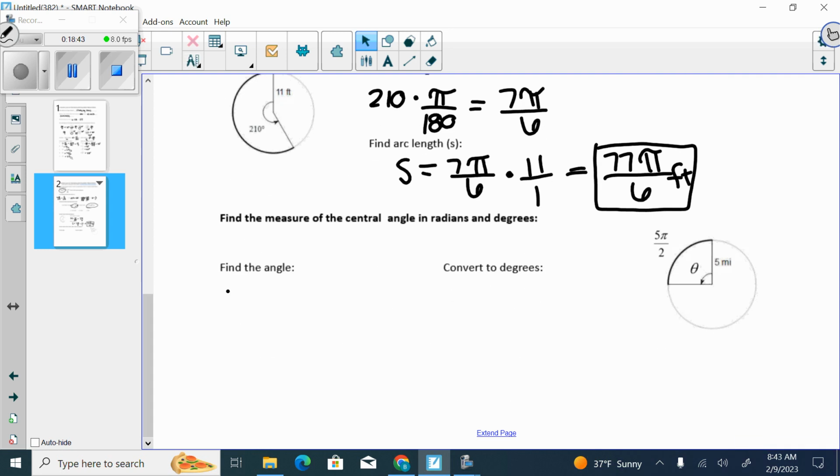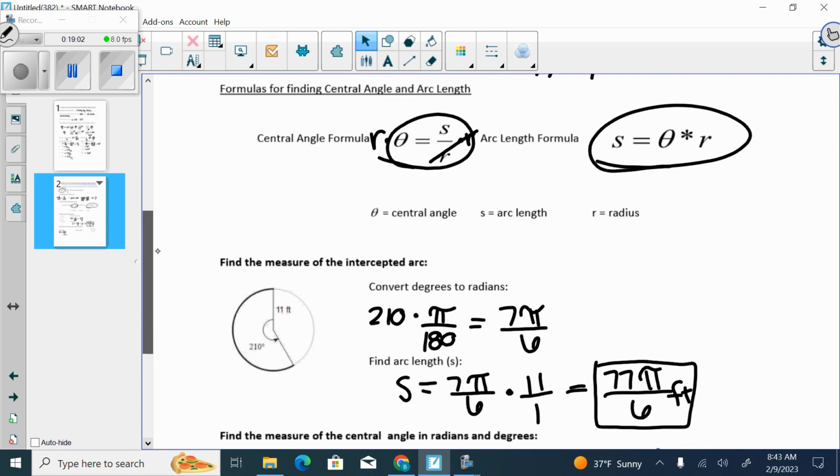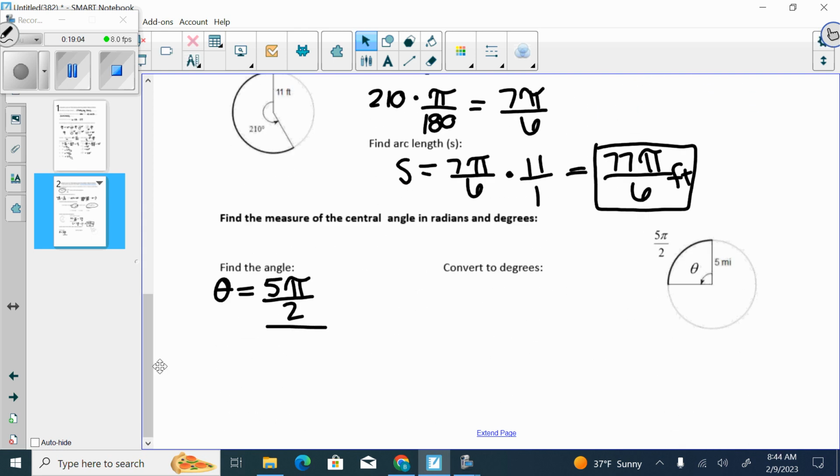Okay, so I'm going to have theta equals S. What's S? Good. Over R, which they said was right. Okay, remember whenever we are dividing fractions, we use our keep, change, flip.